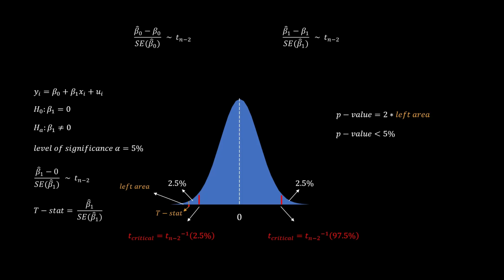If the p-value is less than 5%, which is our level of significance, then we say that p-value is significant and we reject the null. If the p-value is greater than 5%, then we say that the p-value is not significant and we do not reject the null.